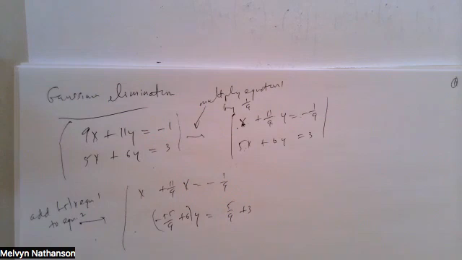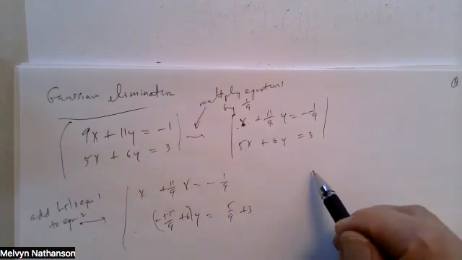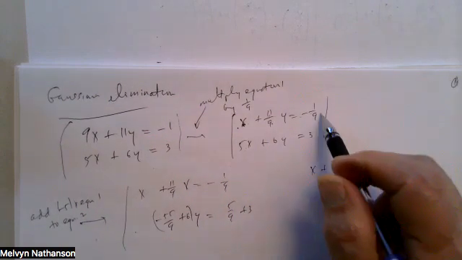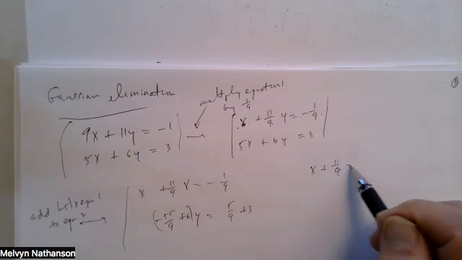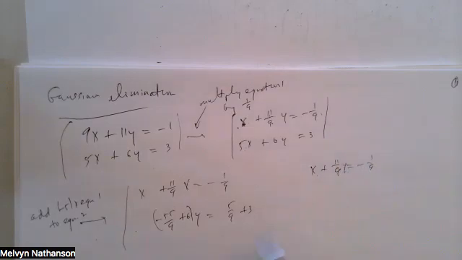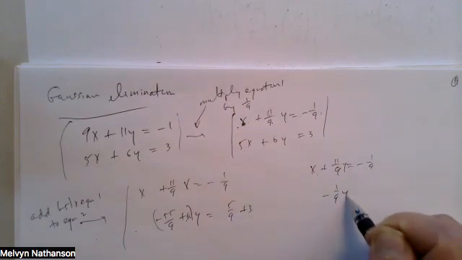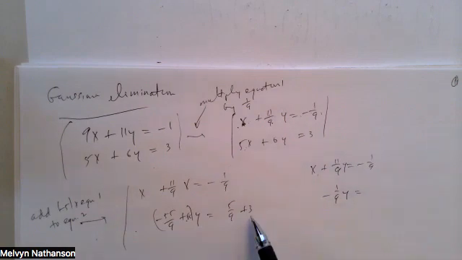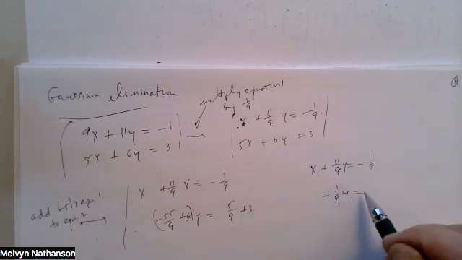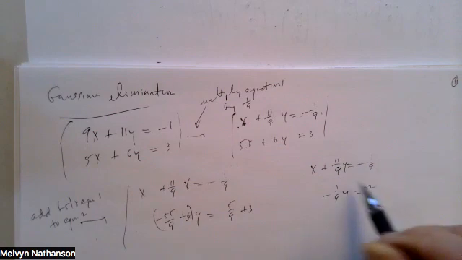Or if I do my arithmetic, this is my first equation, I didn't change from here to here. 6 is the same as 54 over 9. So this is minus 1/9 y equals 27 plus 5 is 32 over 9.